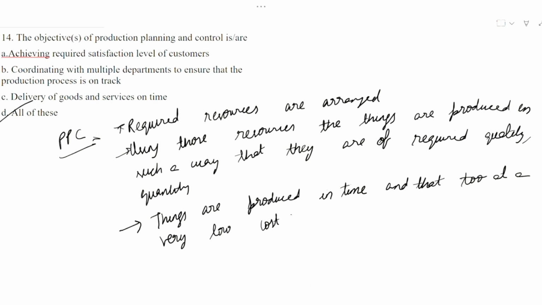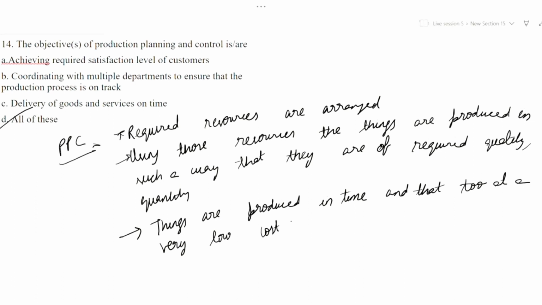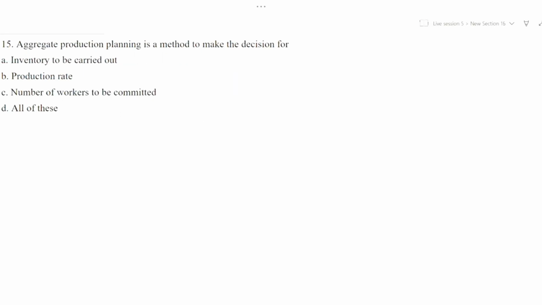This is the objective of production planning. The main aim is that the organization can provide quality products to their customers at a very competitive price. Okay. So the next question.